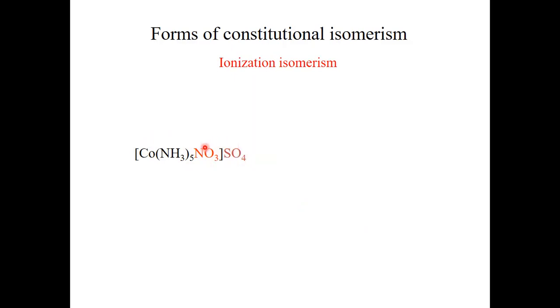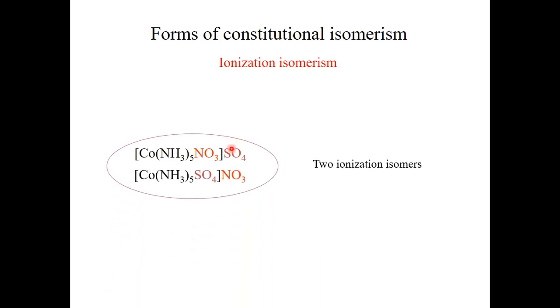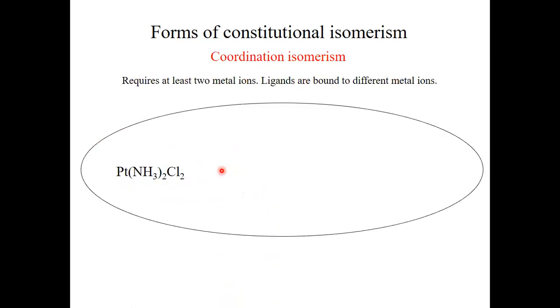So we can swap the nitrate and sulfate, and that gives us then pentaamine sulfato cobalt now plus nitrate, because now the complex has only 1 plus charge. So in this case, we have 2 ionization isomers. All right, so I think this is also pretty straightforward.